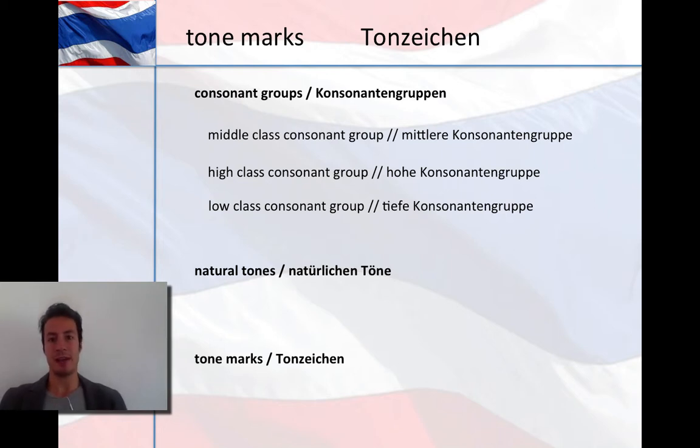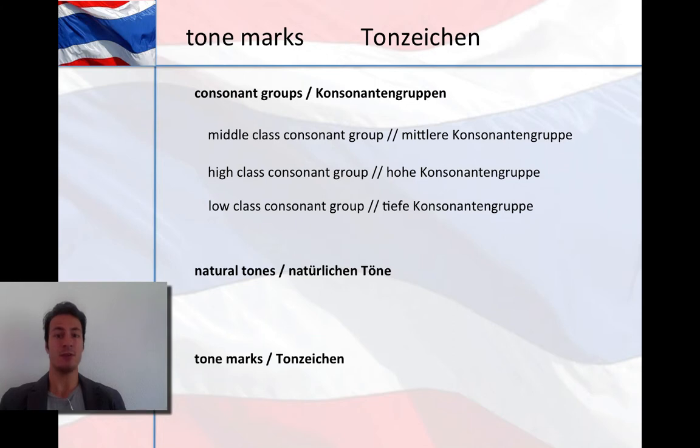And now we add 4 tone marks and therefore, including the natural tone, we get 5 tones. Jetzt kommen noch 4 Tonzeichen hinzu, die die Silben in ihren Tönen abändern können, und deshalb entwickeln sich aus den 4 Tonzeichen plus dem natürlichen Ton die 5 Töne der thailändischen Sprache.